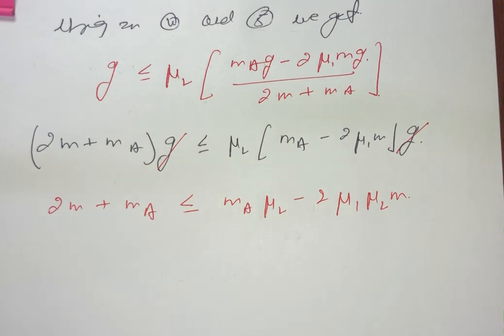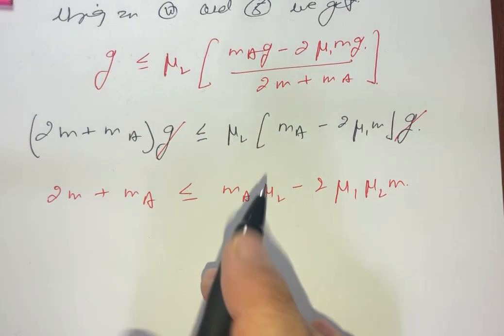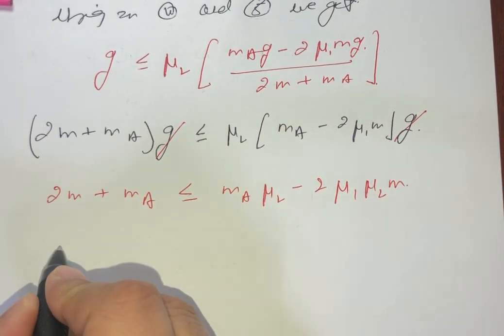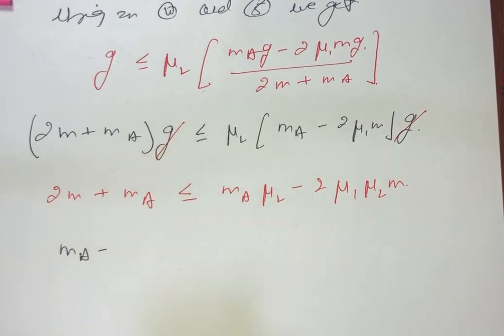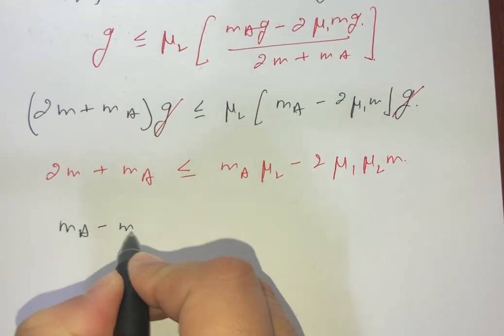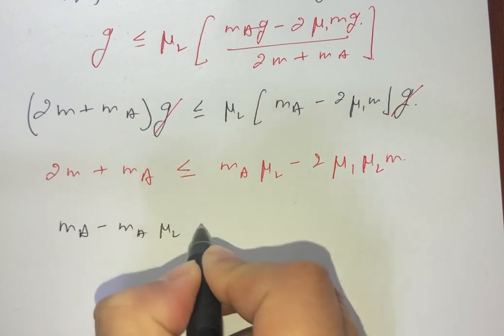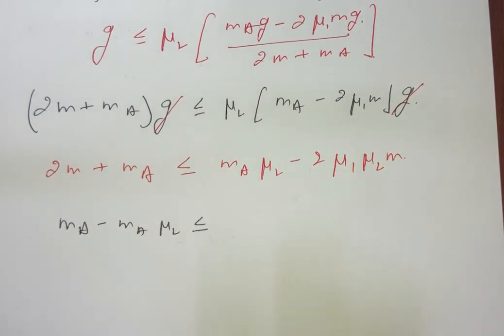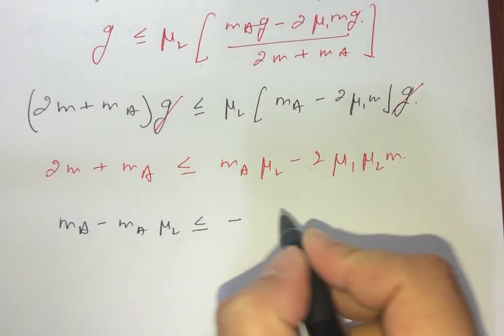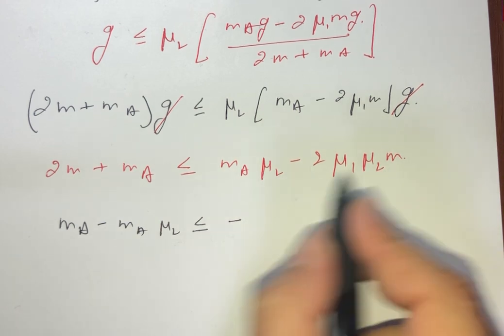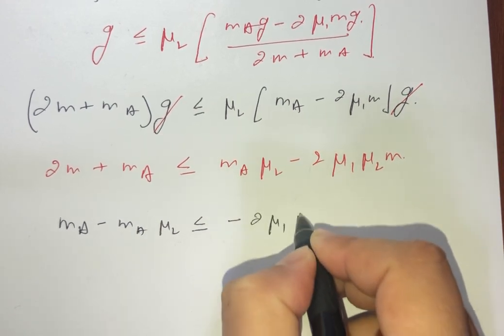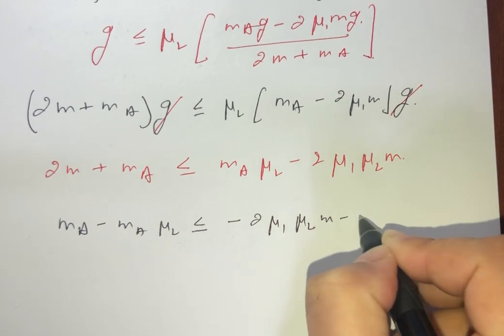Now combining the terms, we get this as MA minus MA mu2 less than equal to, we get this is minus, we can take 2 mu1 mu2 m minus 2m.